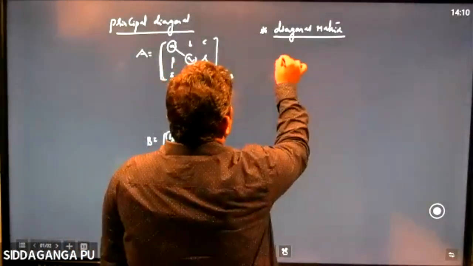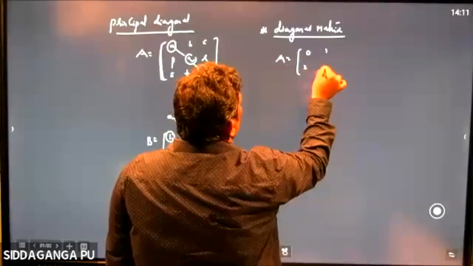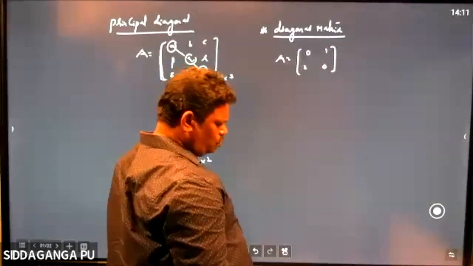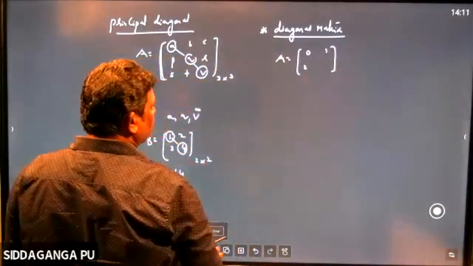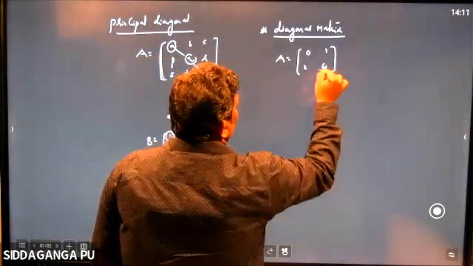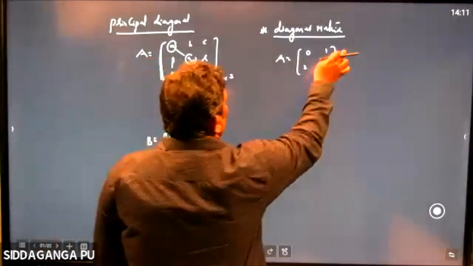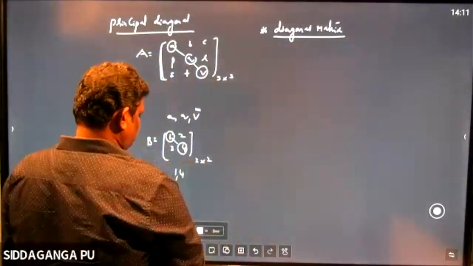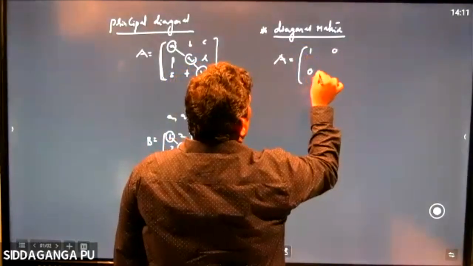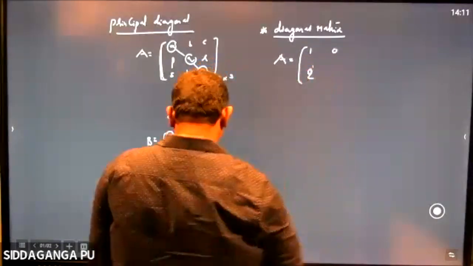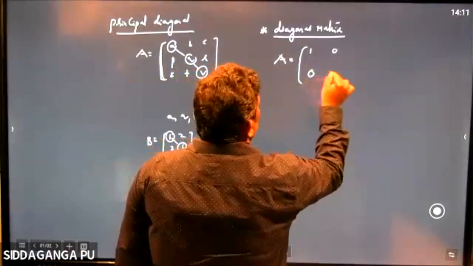For example, we can take one example here. A is equal to 1, 0, 0, 4. Here all the other elements are 0, and the principal diagonal has 1 and 4.